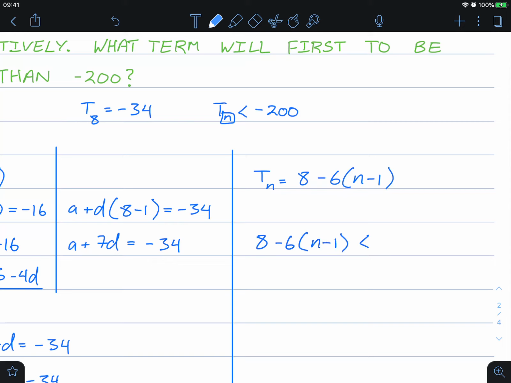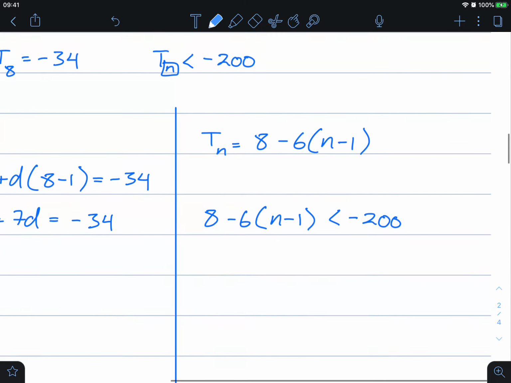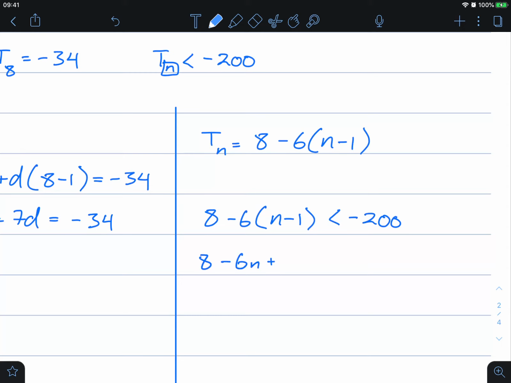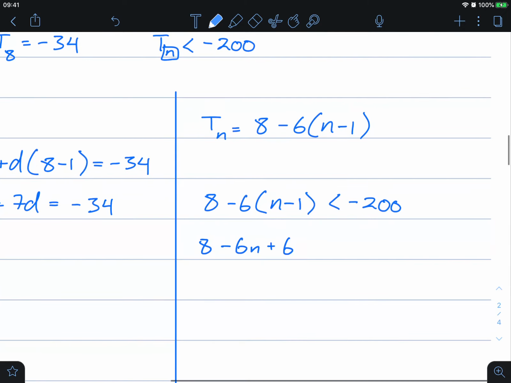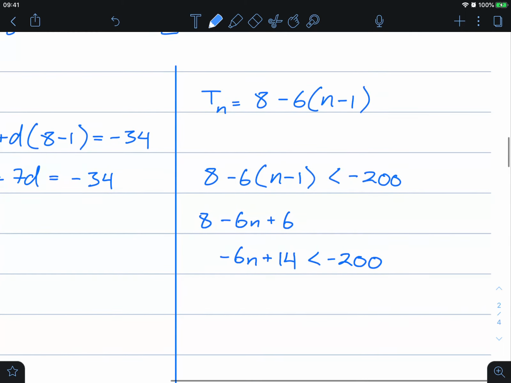We want this to be less than negative 200. Solving for n, so I'm just expanding this group. Negative 6 times n, negative 6n, negative 6 times negative 1 is plus 6. We get negative 6n plus 14 is less than negative 200.